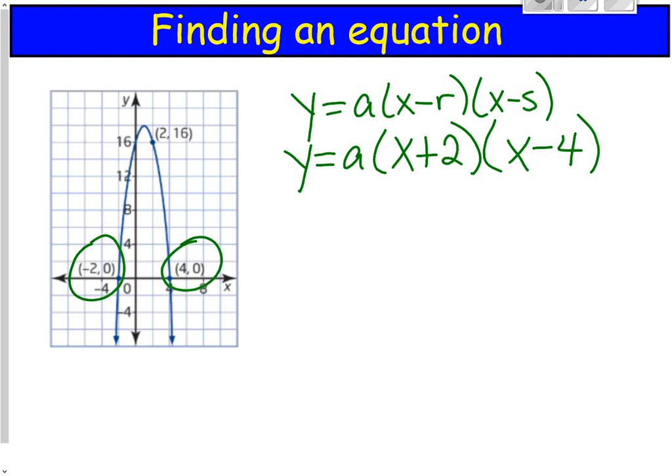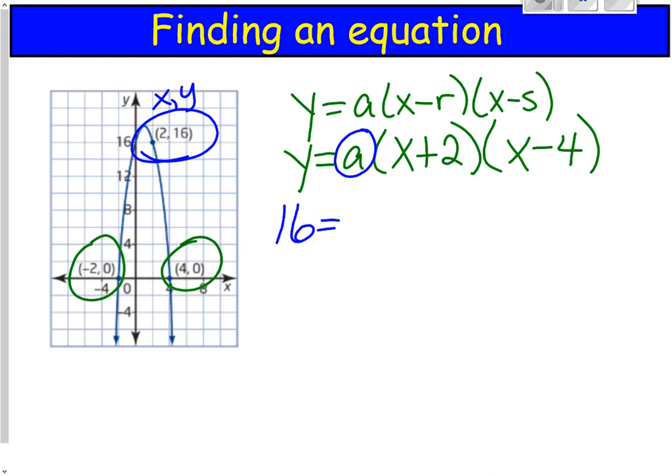The next thing is we're solving for this a. We need an a value. So thankfully, they gave us a point. And every point on a graph is an x and a y, which means wherever there is an x, I can replace it with a 2, and wherever there is a y, I can replace it with a 16.